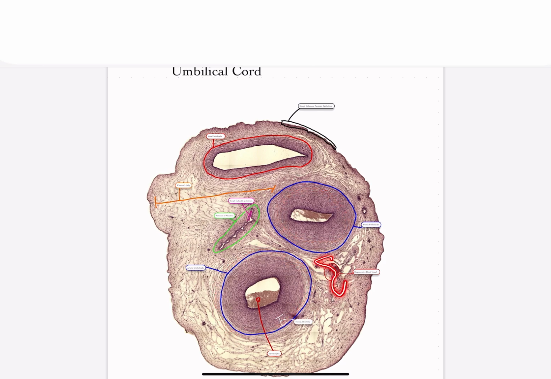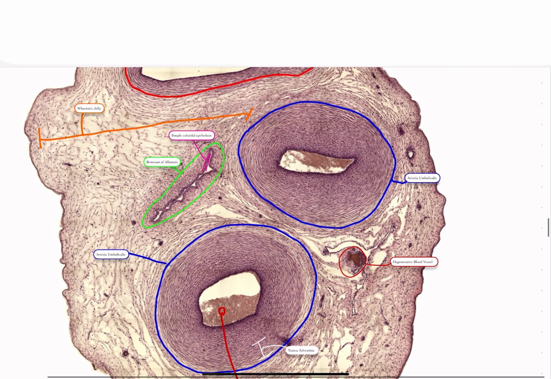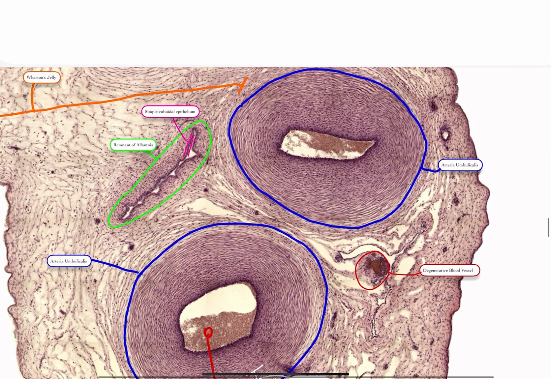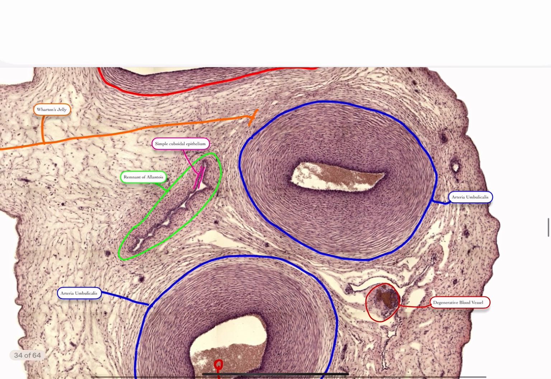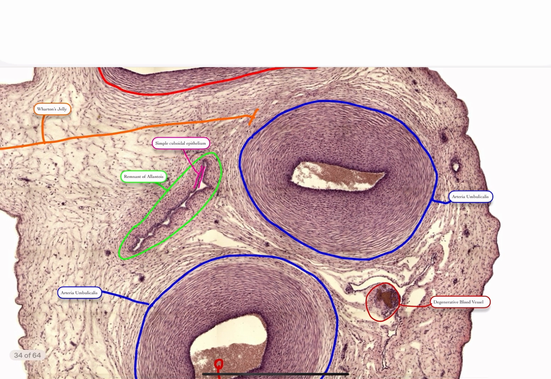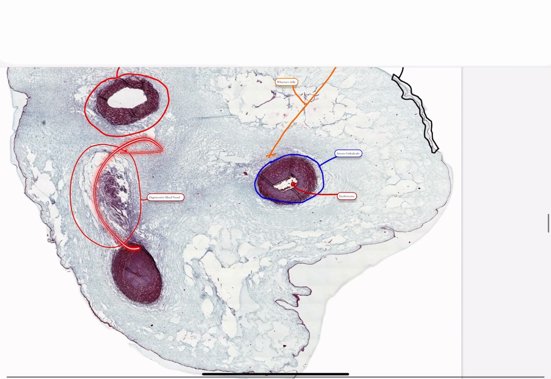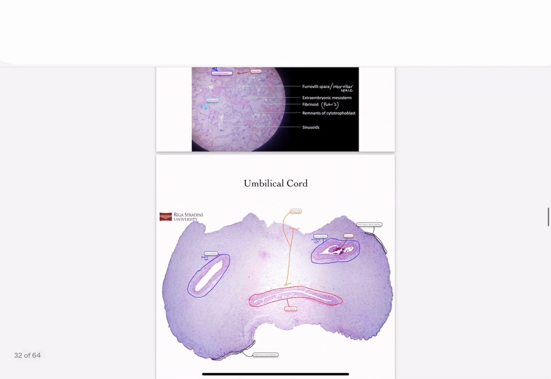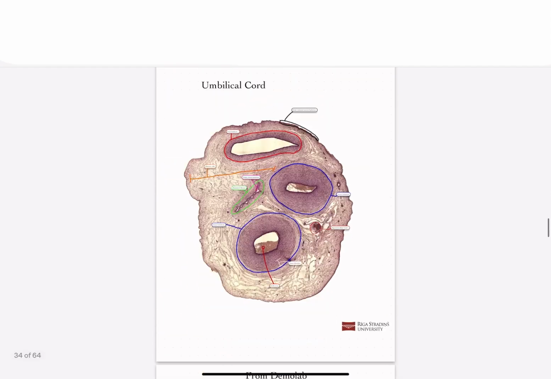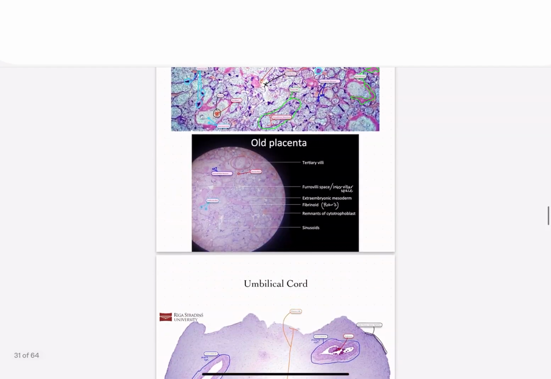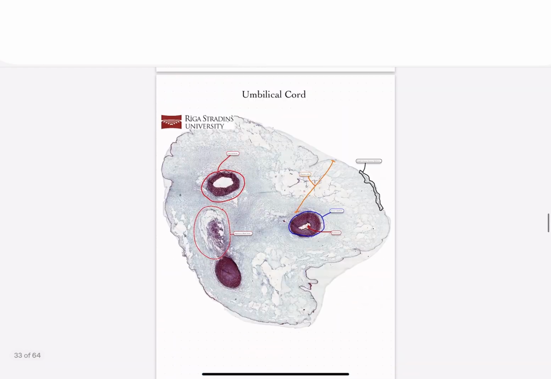So this would just be like a sad little degenerating blood vessel. And of course we have the gland here that doesn't look as sad, with the simple cuboidal epithelium. Very easy to distinguish because these have endothelial cells. Here we can see it as well. Again, very sad, barely there, barely existing, barely holding on. Those are degenerating blood vessels.